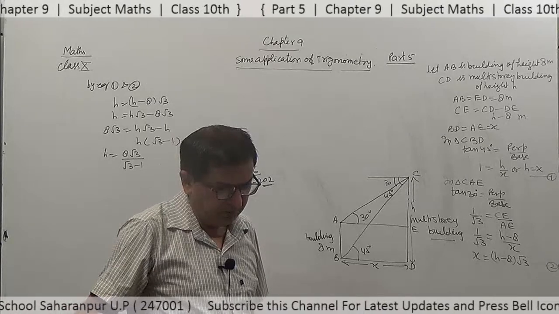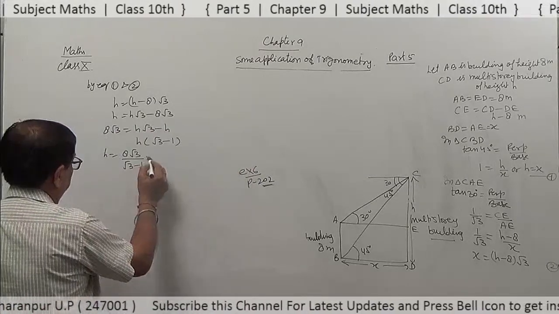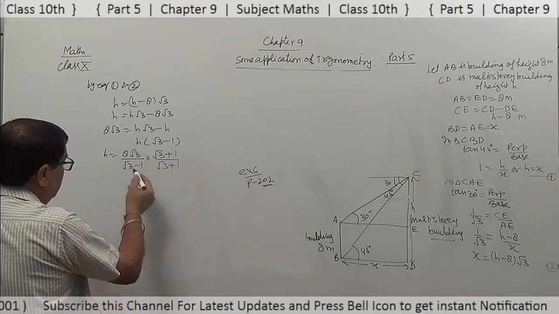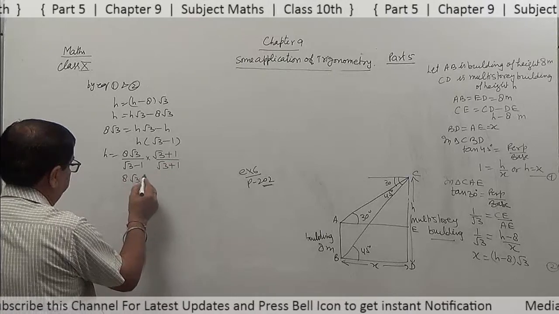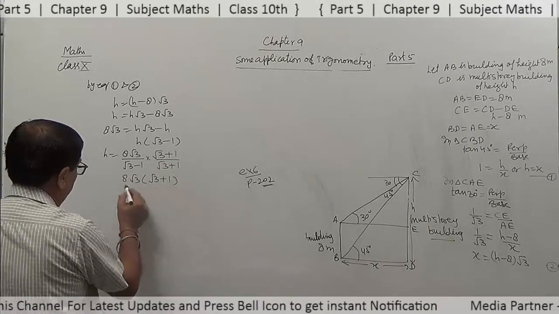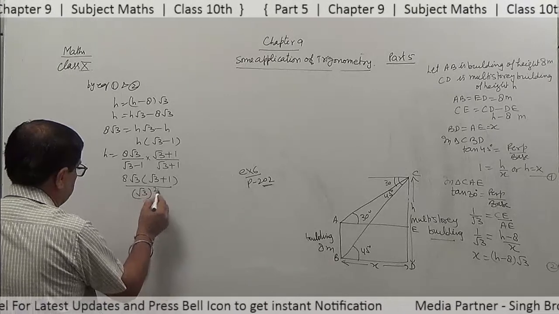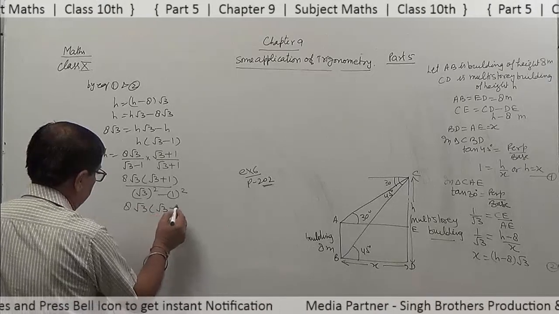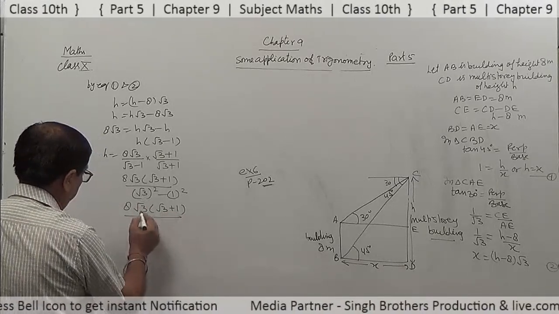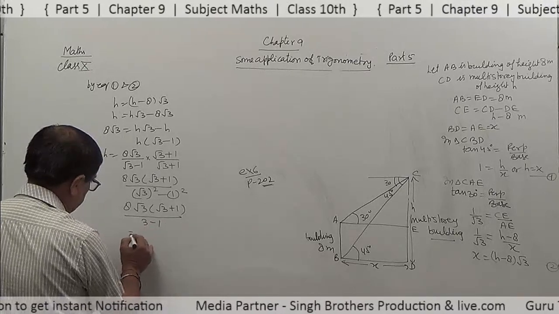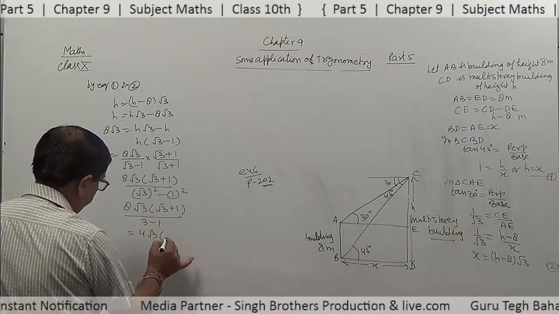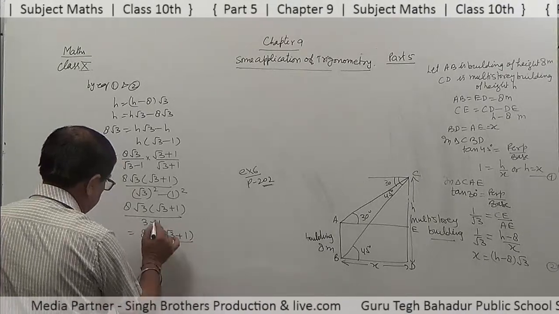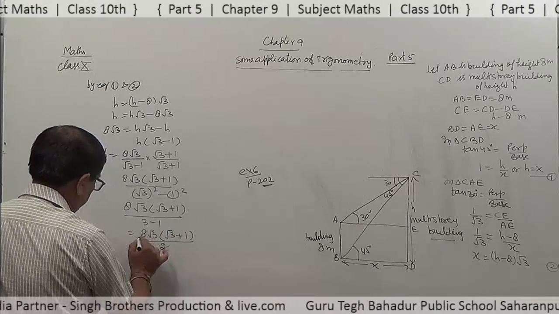Multiply by its conjugate, root 3 plus 1, the conjugate of a minus b being a plus b, giving a square minus b square: 8 root 3 times root 3 plus 1 upon 3 minus 1, that is 4 root 3 times root 3 plus 1, upon 2, 2 fours are 8.